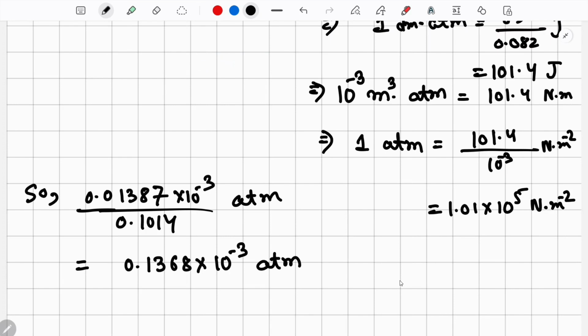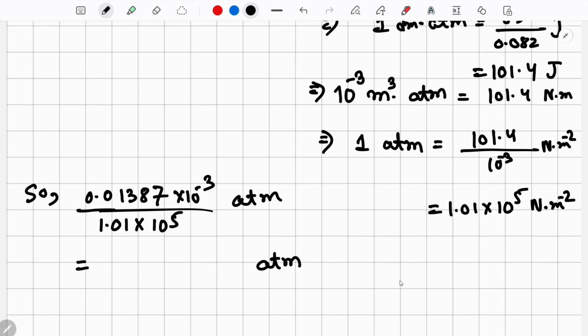In the answer it is 0.1368, the last answer. That is wrong eventually, but here 10 to the power 5 will be there because it is 10 to the power minus 3. So it is 1.01 into 10 to the power 5. It's getting worse.